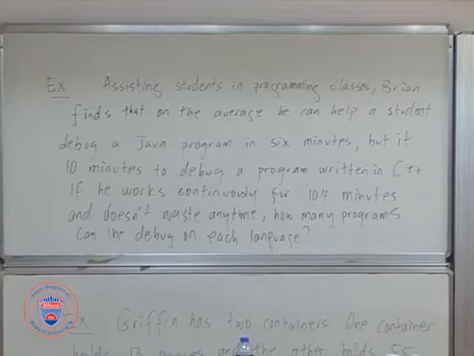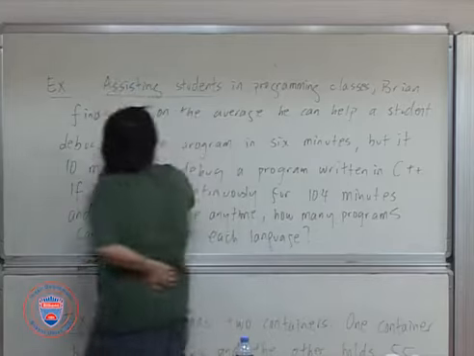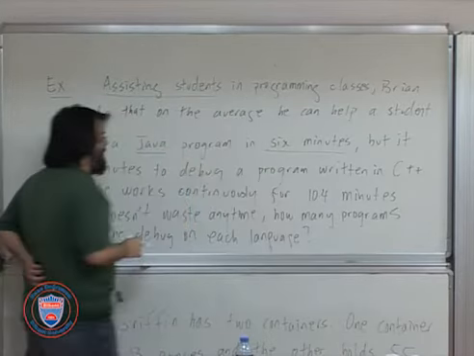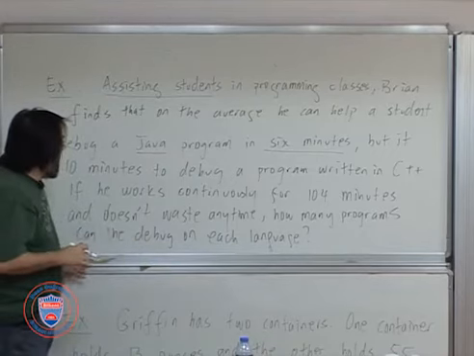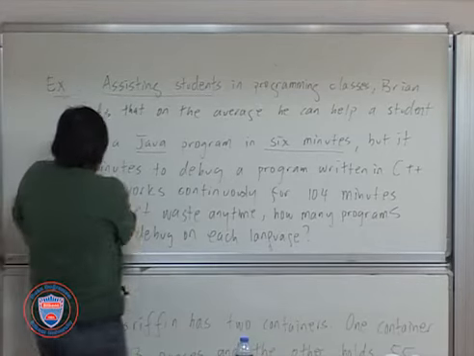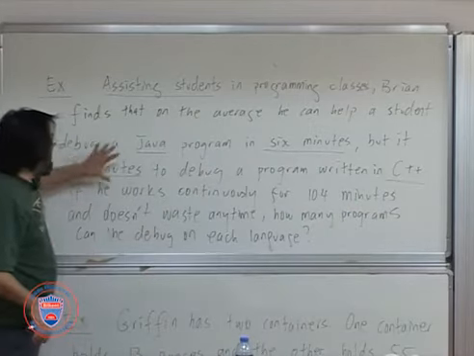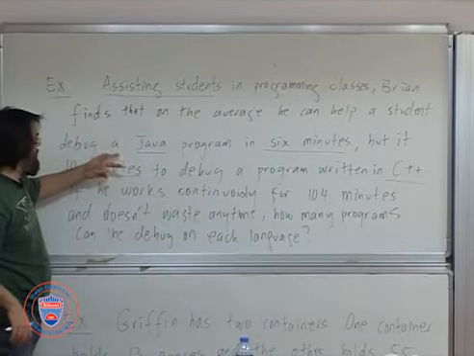So this Brian, this assistant of the students, uses 6 minutes for Java. So he debugs Java in 6 minutes. And then 10 minutes, these are the important things, in C++. So there are 2 different program types, languages.